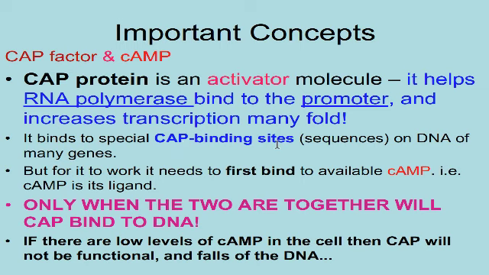The CAP binding sites are present on multiple genes, including the Lac Operon, and when they bind the CAP protein complex, they then increase the rate of transcription. However, if there are low levels of cyclic AMP in the cell, when glucose levels are high, then CAP protein will not be functional and it falls off the DNA, therefore minimizing the activity of RNA polymerase.